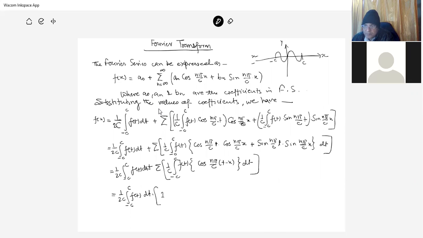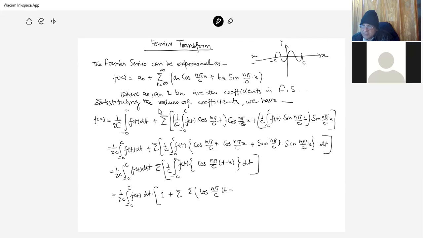So it is 1 plus 1 by c summation 2 cos(n pi by c (t minus x)).